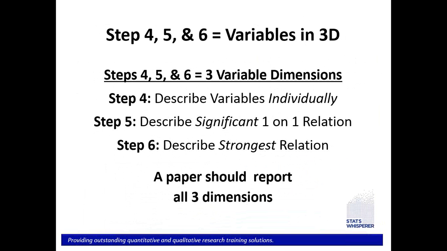Step 4 describes the dimension of the variable by itself. Step 5 describes the dimension of the significant one-on-one relations. And step 6 describes the dimension of the strongest variable when the influence of each is considered on the dependent variable. So a paper should report all 3 dimensions.